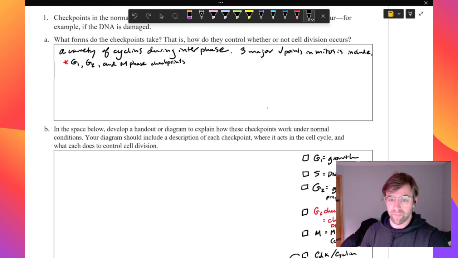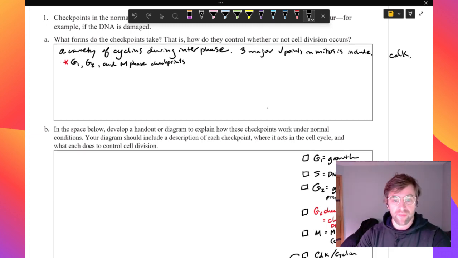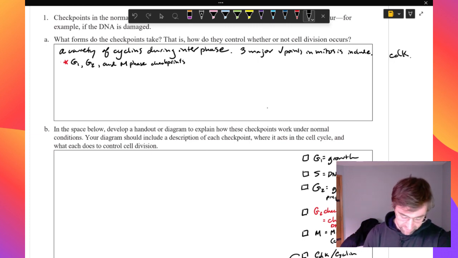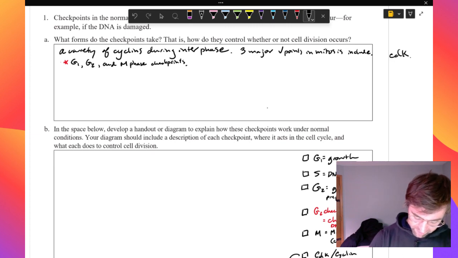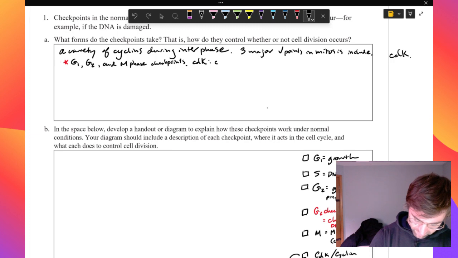These appear to be controlled by cyclin-dependent kinases, CDKs. And the ratio of CDKs to their cyclins determines their activity. The activities of the different activated CDKs control the cell cycle. All right. So CDK to cyclin ratio determines activity.